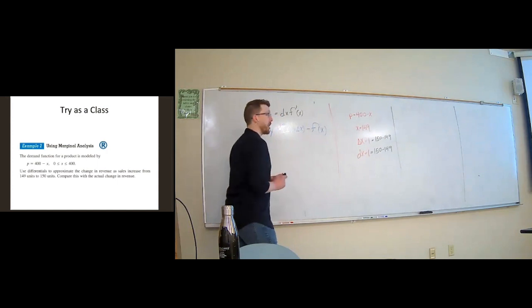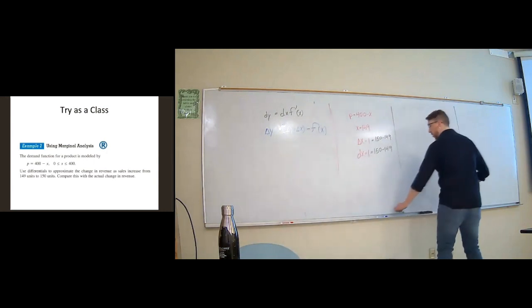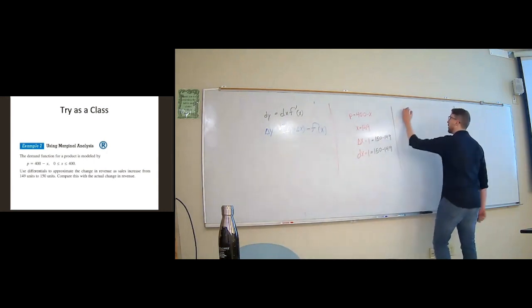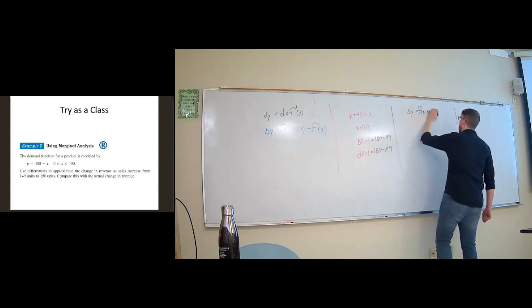So the actual change in revenue is going to be delta Y, which is going to be f of x plus delta x minus f of x.